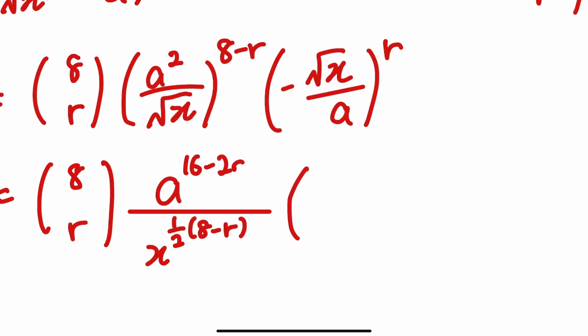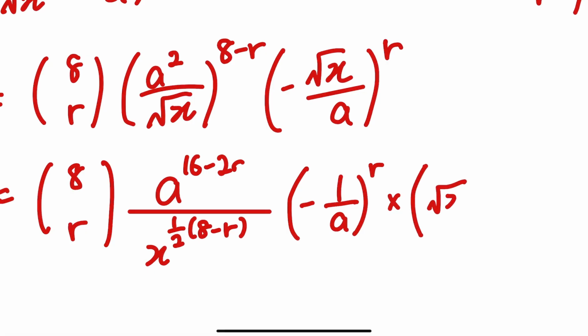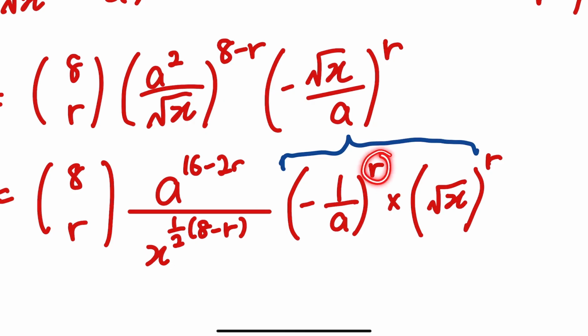This can be split into negative 1 over a, the whole thing to the power r, times square root x, the whole thing to the power r. Because they have the same power, they can combine together and be split apart as such.